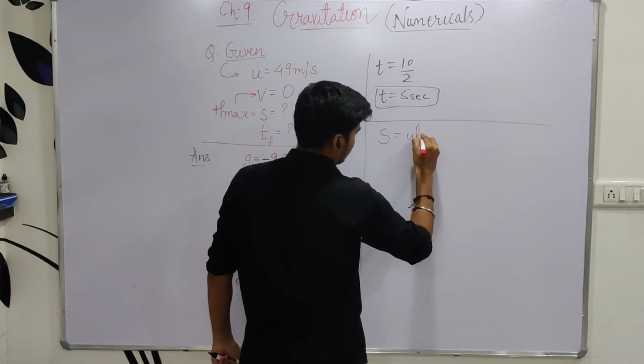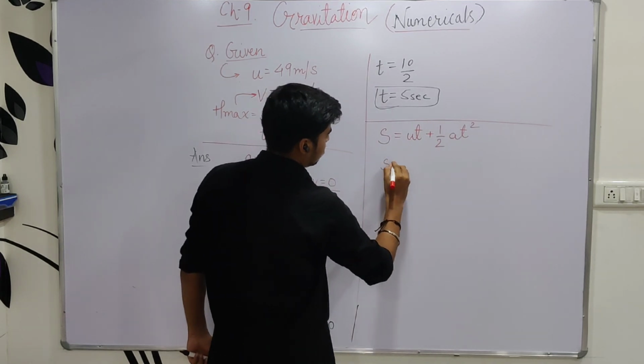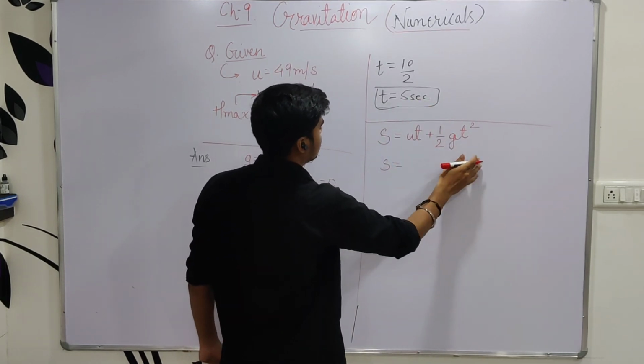S is equal to ut plus half at square. Now I have all the values: initial velocity, acceleration, so gravitational acceleration, and time.